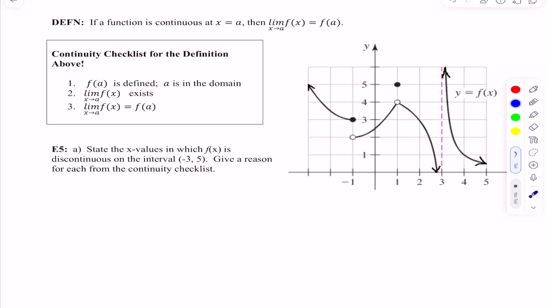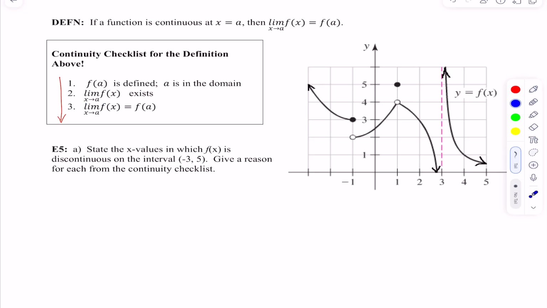So here is the continuity checklist. This is done in numerical order. First, we check to see if the range value f of a is defined, and that means a would have to be in the domain. Second, we want to see if the limit of the function actually exists as x approaches a from both sides.